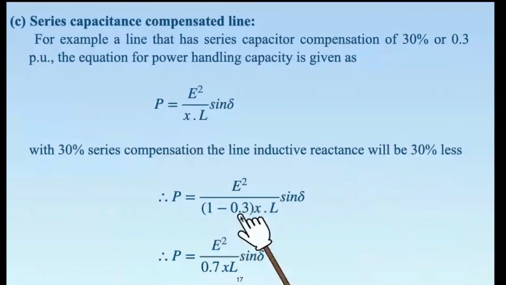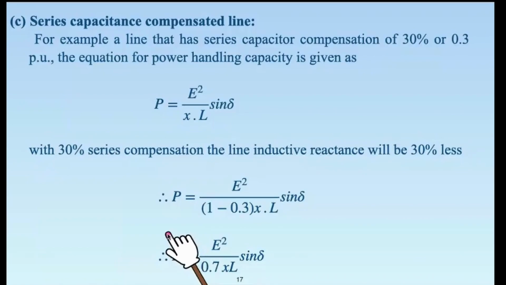So what remains is 1 minus 0.3, or 100 minus 30%, that makes it 70%. So the positive sequence reactance, if it is 30% compensation, then 70% remains. That is 1 minus 0.3 times of X. So this becomes 70%, 0.7. Okay, 0.7 means 70% of X.